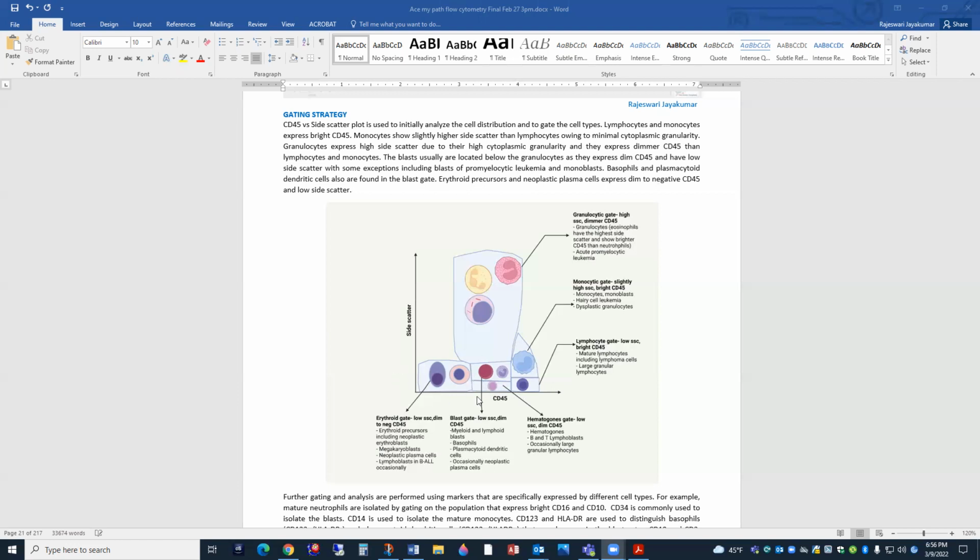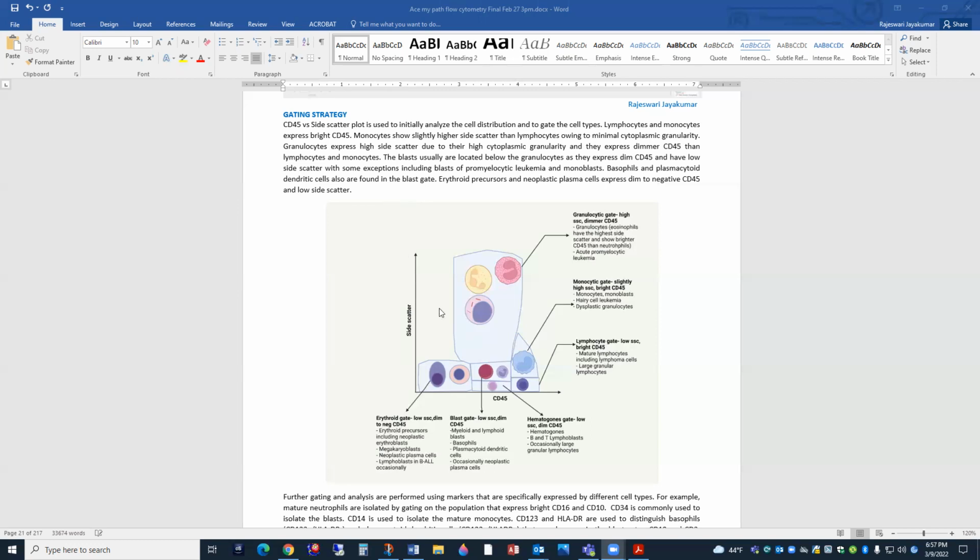And the one that has very low or almost negative CD45, we call the erythroid gate. That has low side scatter, dim to negative CD45. So nucleated red cells, only the early hematopoietic progenitors or the early pro-erythroblasts, can have CD45, and then once they start maturing, they lose their CD45.